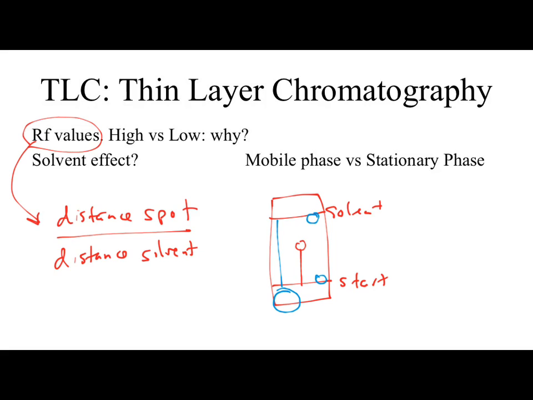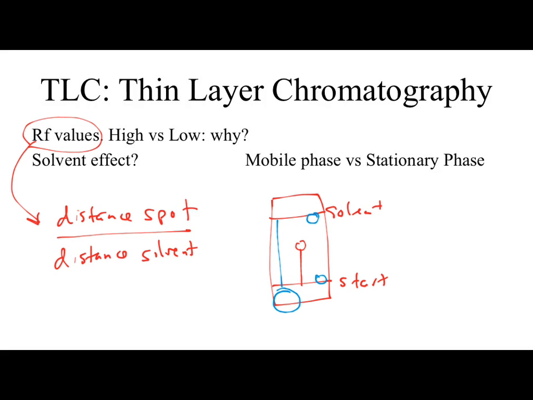If it doesn't travel at all, 0 divided by 1, 0. Okay? So why did your spot travel far? Because it did not interact with the stationary phase, or the phase that didn't move. It interacted preferentially with the moving phase.